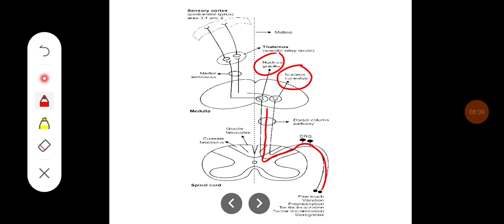Then from there, the second order neuron arises and they cross over at the level of the medulla. Then they ascend as the medial lemniscus and go to the specific part of the thalamus. From there, the third order neurons arise. They go to the specific area of the sensory cortex.